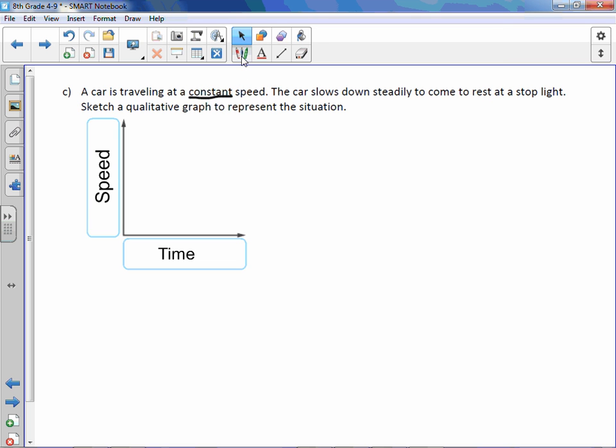So the car is traveling at a constant speed, and then it slows down steadily to come to rest at a stoplight. So constant speed, and then it slows down also steadily until it comes to a stoplight, which means at a stoplight its speed is 0, which is why it reaches the bottom of our graph.